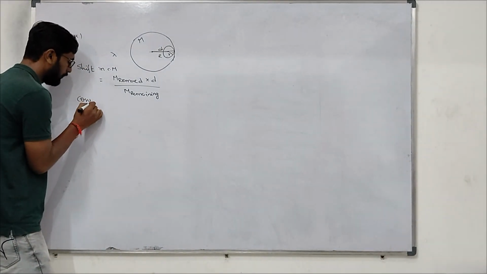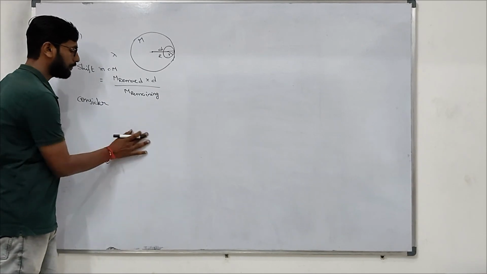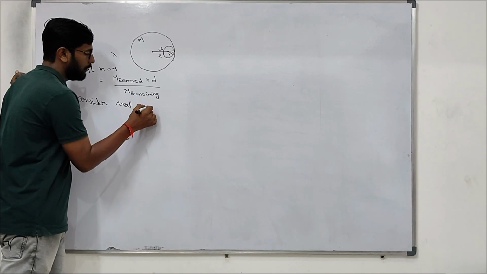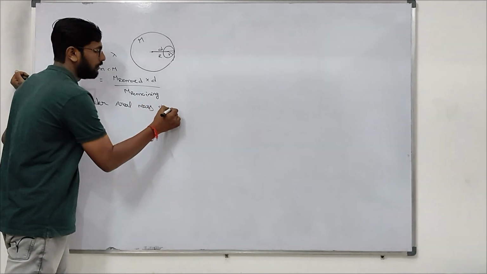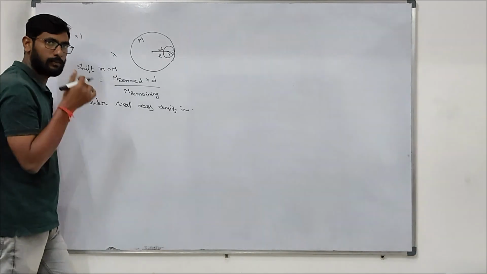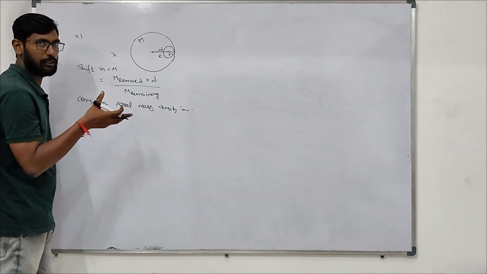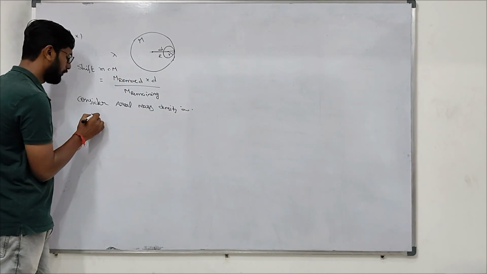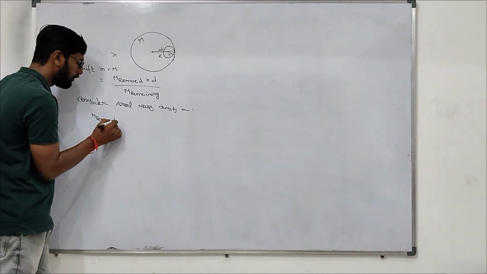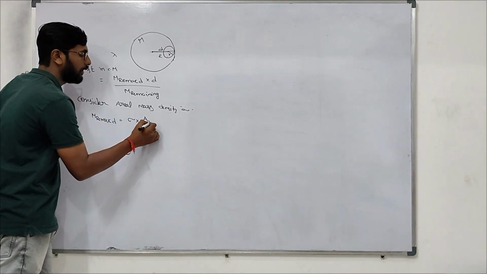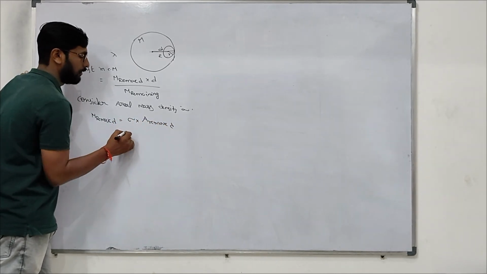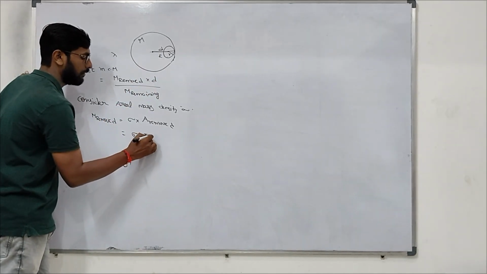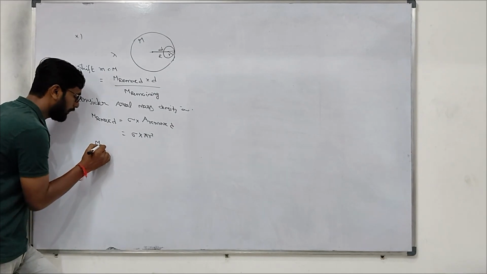Consider here mass density sigma. Lambda is for linear mass density, right? It is area, so sigma we will write. Then the mass of the removed portion will be sigma into area of the removed portion, sigma into pi r square.